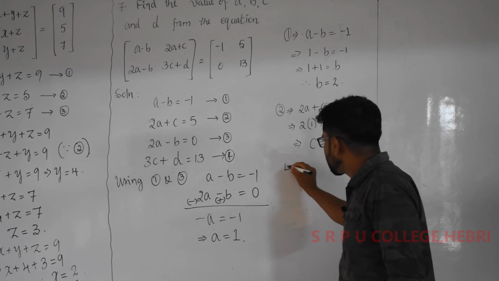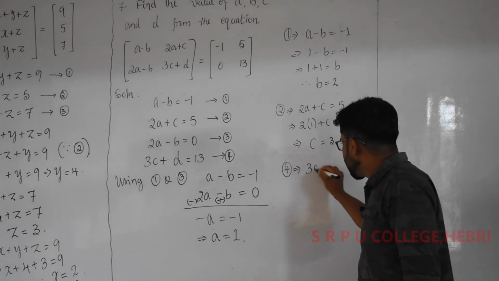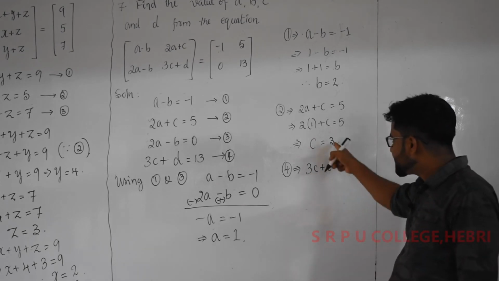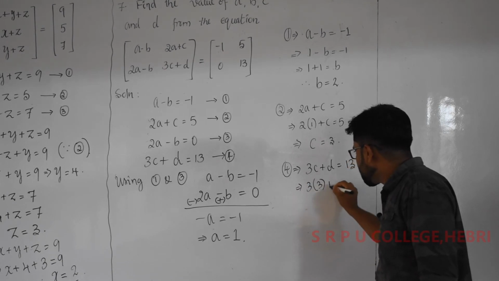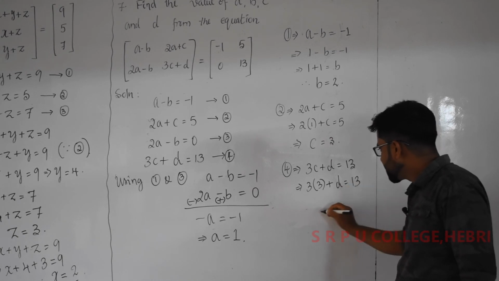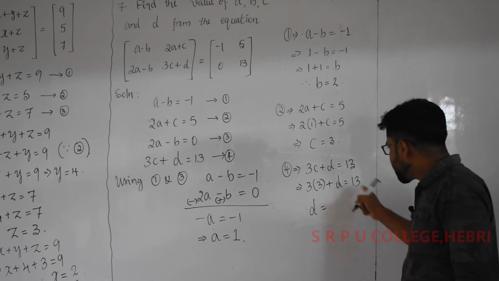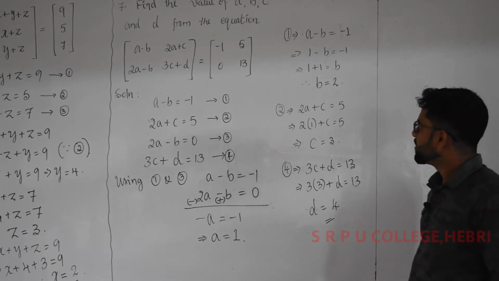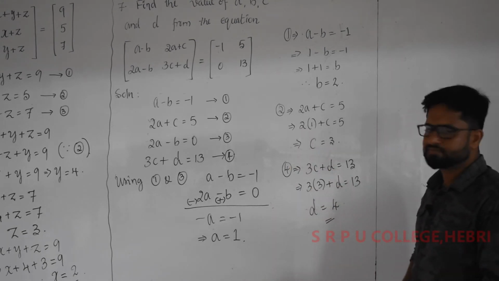So let me take the fourth equation, 3c plus d is equal to 13. Substitute this c value here, 3 into 3 plus d is equal to 13. So d is equal to 13 minus 9, which is 4. So d is 4. So all the values we got, a, b, c, d.